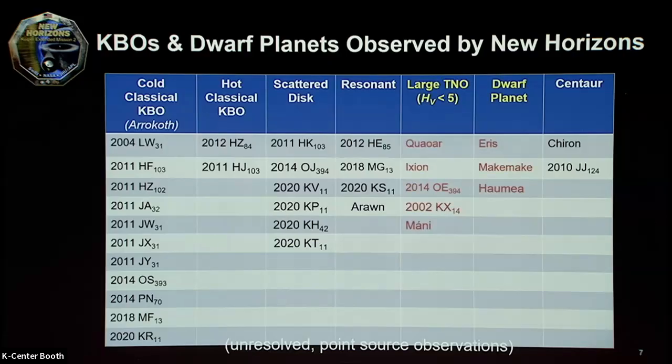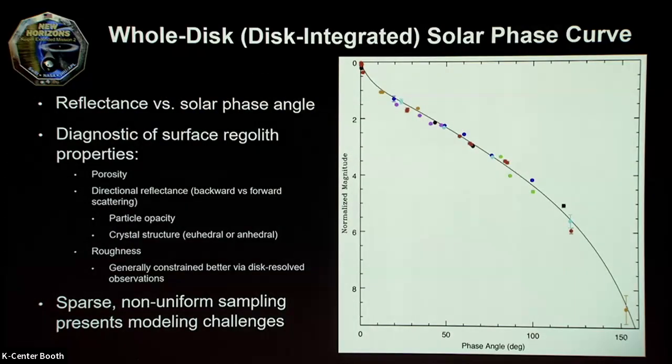This presentation will focus on the larger objects, the large TNOs, and the dwarf planets Eris, Makemake, and Haumea. You may recognize or not recognize the name here, Mani. Just last month, that was the name assigned to 2002 MS4. So MS4 now has a name and it's called Mani. And yay, it's pronounceable.